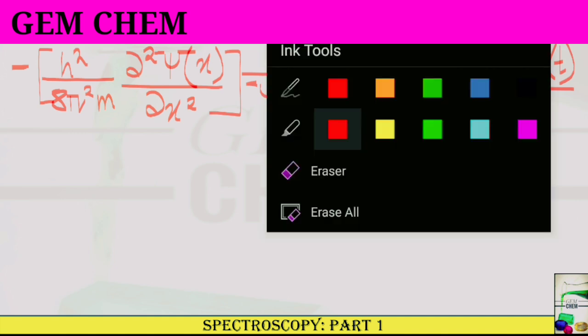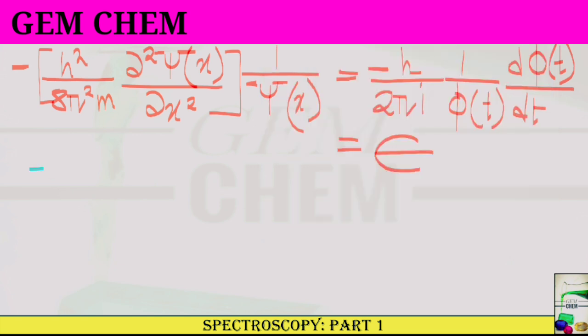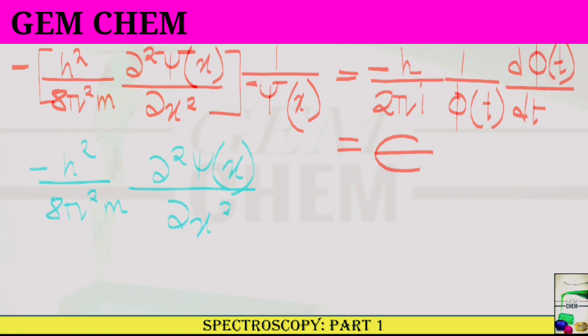The final expression, if we try to write, will be minus h square by 8 pi square m, del square Xi(x) by del x square equals epsilon Xi(x), capital Xi(x).